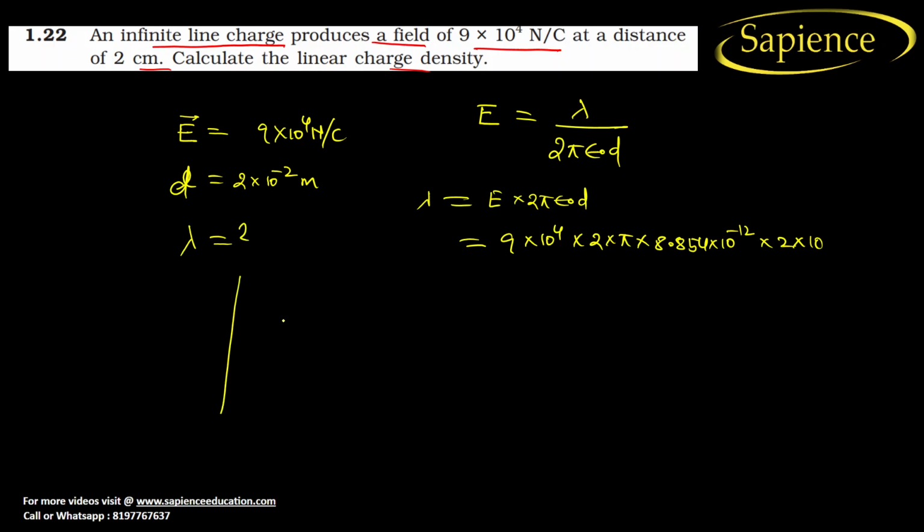Let us suppose there is an infinitely long wire and we need to find the linear charge density. This is the distance, and at this point the electric field is E. By using this we can use the formula to find the electric field. So you need to calculate this one.